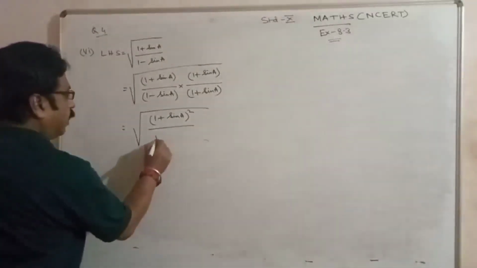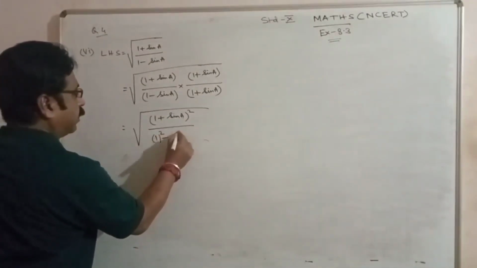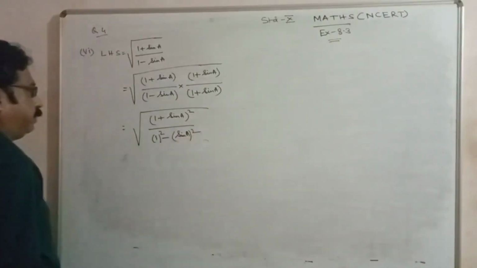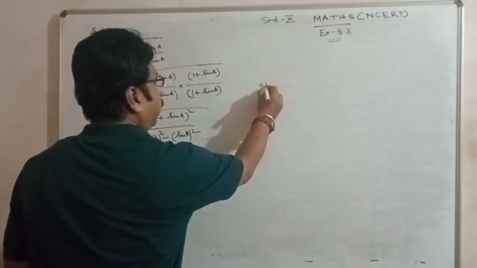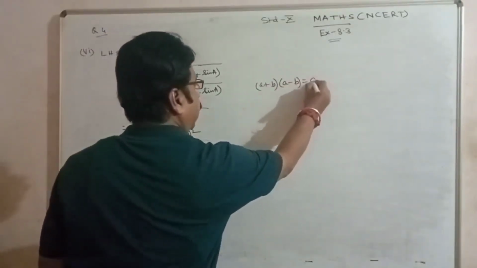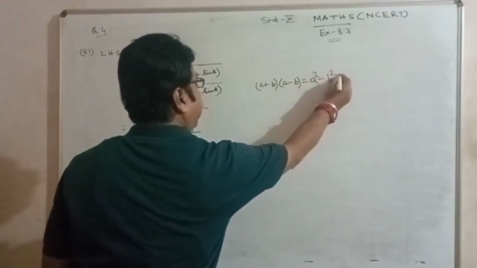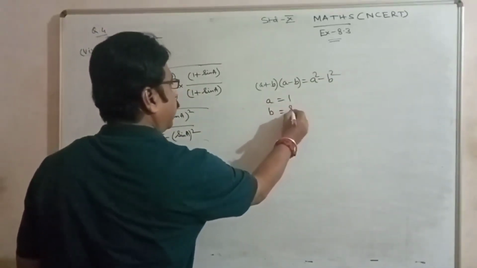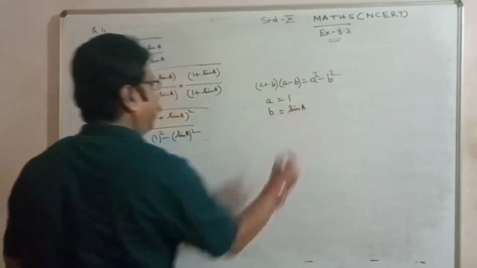Means 1 square minus sin A whole square. A plus B, A minus B, A square minus B square. A is 1, B is sin A.